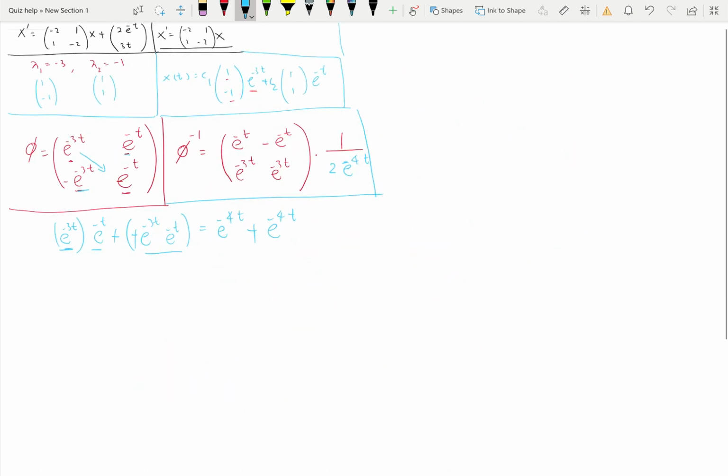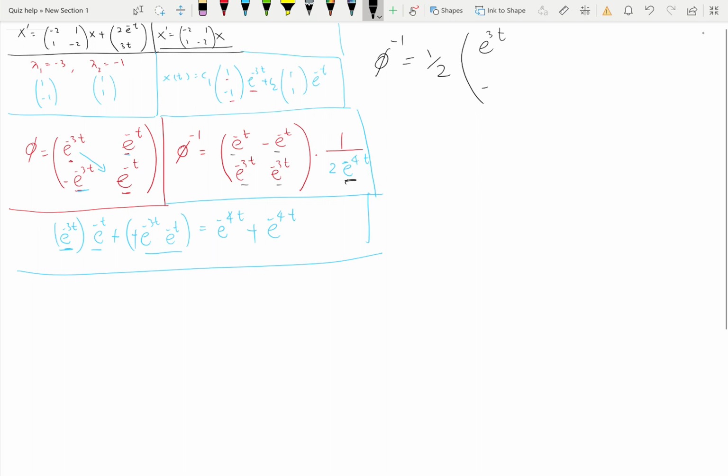So what we can do is, the phi inverse is really, let's keep this half outside and we divide all of these by e to the -4t. That means you multiply by e to the 4t. e to the -t times e to the 4t is here e to the 3t.